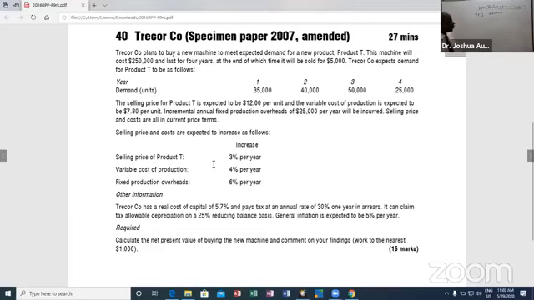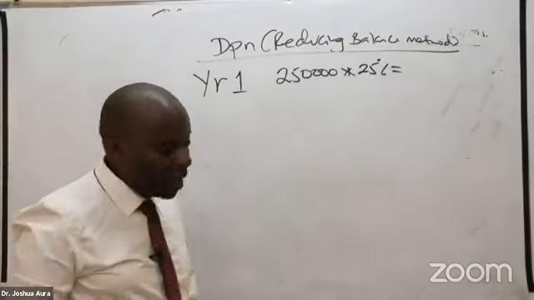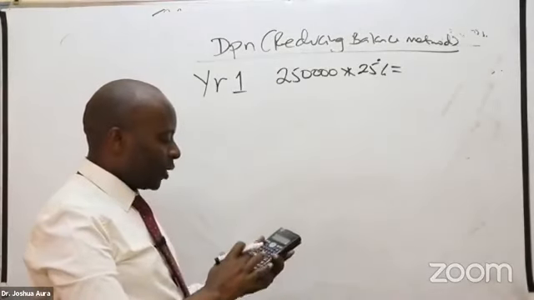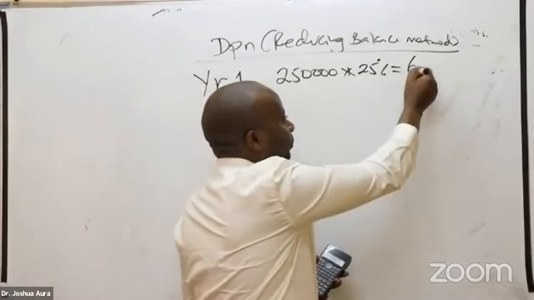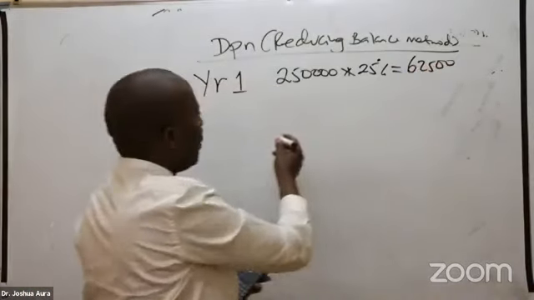So every year, 25%. We have 250,000, and depreciation for year one is 250,000 times 0.25, which gives us 62,500.